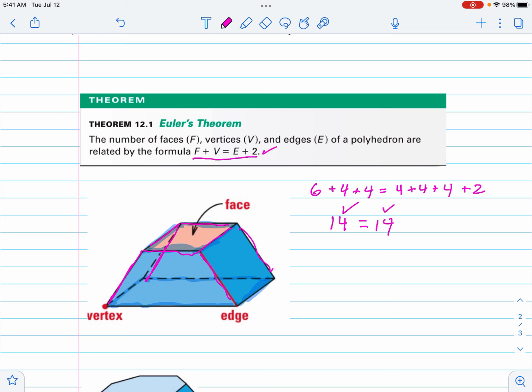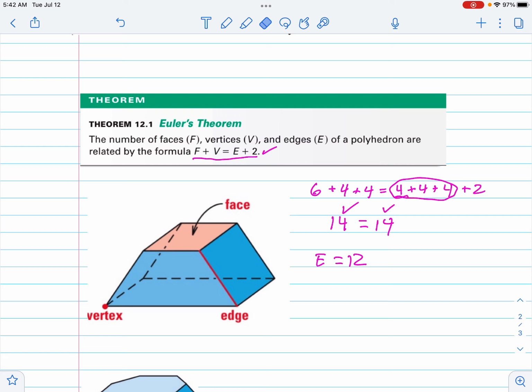Now notice we said that the number of edges was 12. Now I want to show you something. Here we could just count them. But we have to be careful about something when we're using this formula. Let's suppose that we wanted to calculate the number of edges. And I know that there are 6 faces, 6 quadrilateral faces.